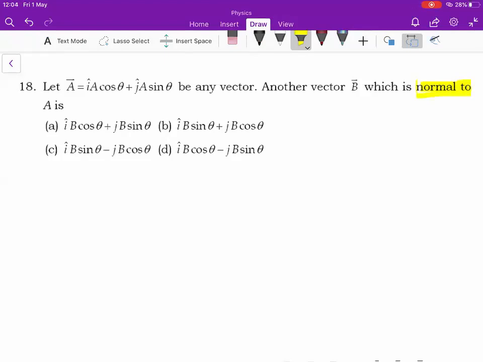I'm just joking, don't worry. Continue. Okay, sir. Therefore, our dot product between A and B would be equal to 0. So, sir, when we calculate it, the value should come I cap B sine theta minus J cap B cos theta. Therefore, answer is C.